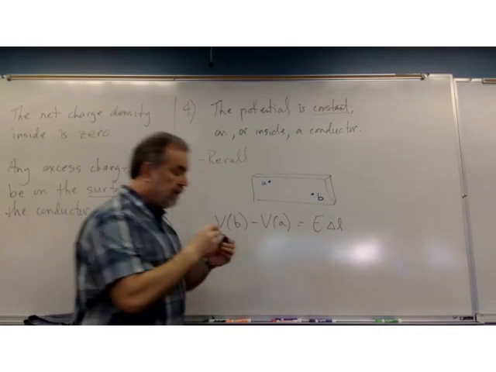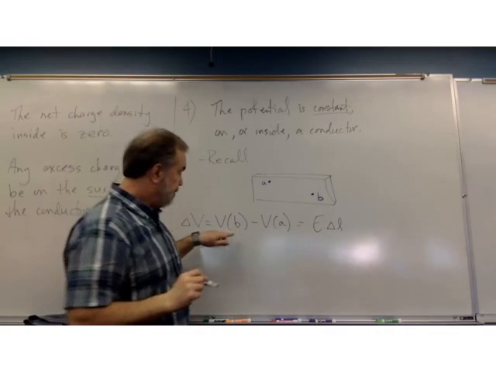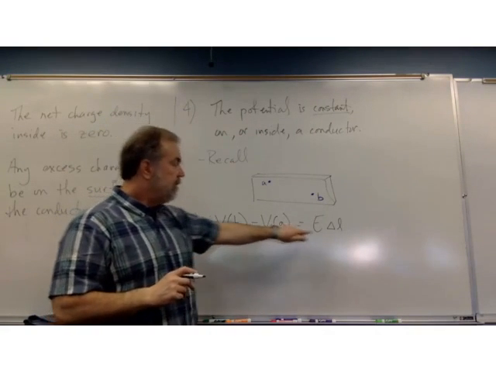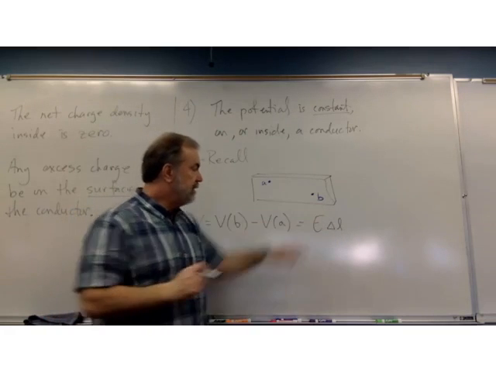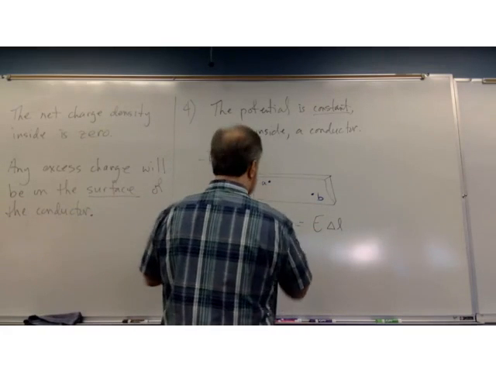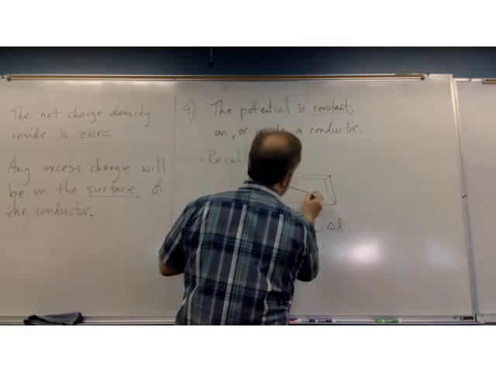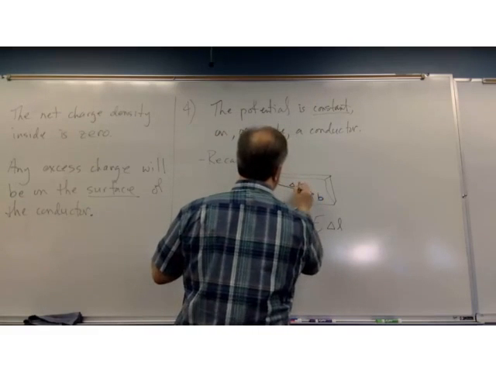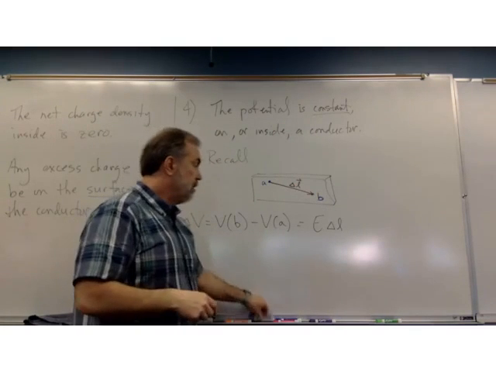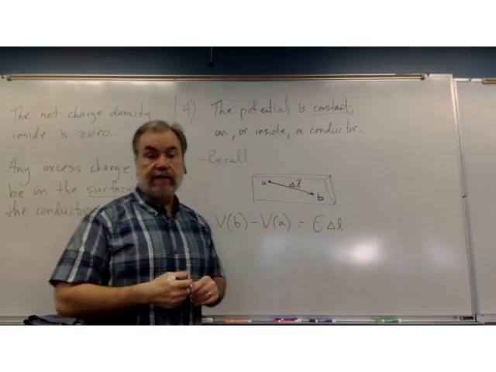So the potential difference, which I can write as delta V, is the difference between the potential at point B and the potential at point A, but that's equal to just the electric field inside times delta L. However, I just argued in the previous property that E is 0 inside the conductor.